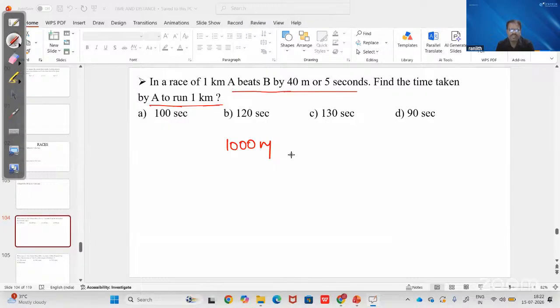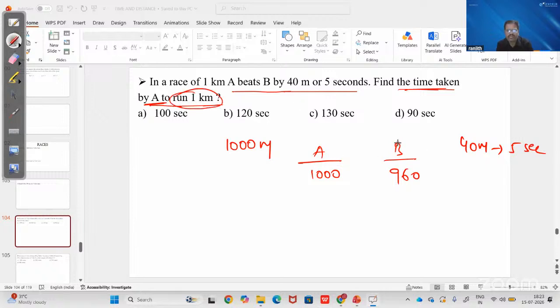So A equals 1000, B equals 960 meters, that is 40 meters or 5 seconds. So 40 meters equals 5 seconds.